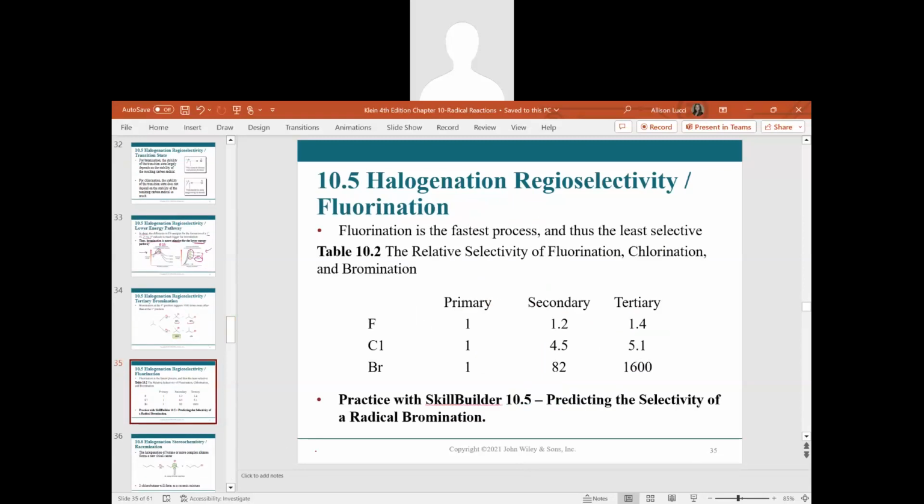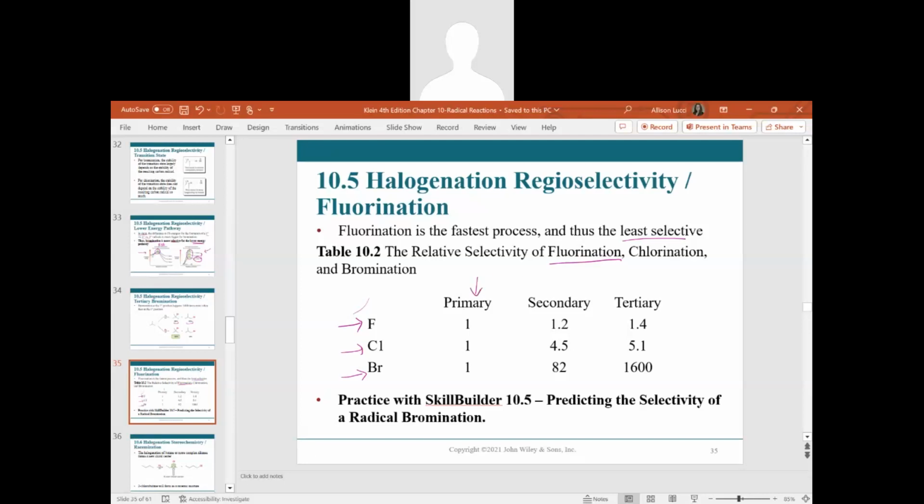So overall, we can see a summary here on this last slide of fluorination, chlorination, or bromination. Iodination is just really entirely too slow compared to these other reactions. And fluorination, on the other hand, is very fast and the least selective of any of these processes.